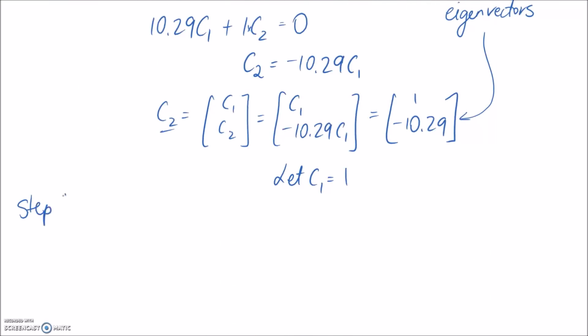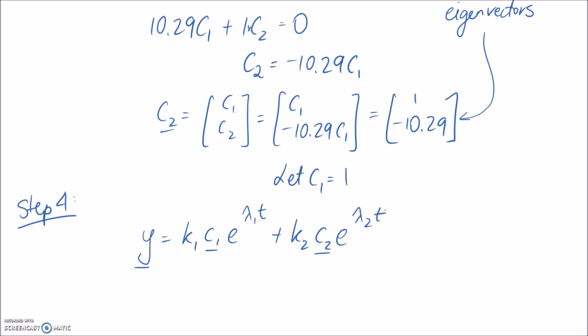So step 4. We know that the general solution is y equals k1 c1 vector e to the lambda 1 t plus k2 c2 vector e to the lambda 2 t. So we can substitute in, we said a moment ago this was w and z. K1 is just a scalar constant that sits out the front.